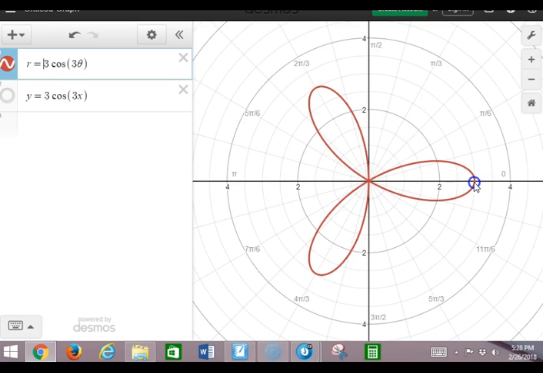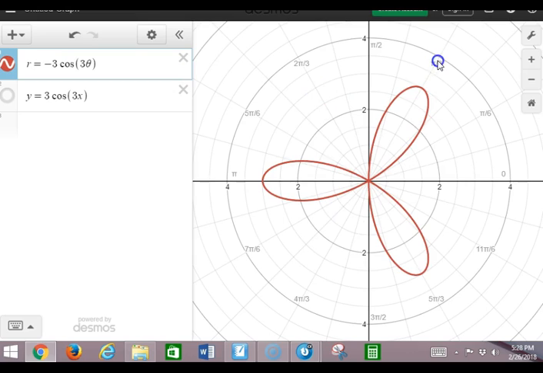Notice that every petal flips 180 degrees. It goes the opposite direction because now all my positive R's become negative and all my negative R's become positive. So whatever R used to be, it's now going in the opposite direction as it was. Whatever direction the petal was facing, it's going in the opposite direction.